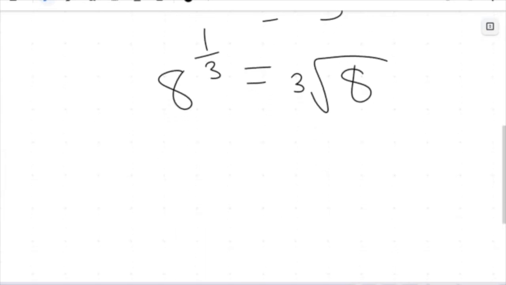So the number that multiplies by itself 3 times in order to give us 8. So something times something times something, that being the same number, that is what we're going to multiply to get 8. So taking a cubed root is the reverse operation to cubing something. And here we know that this is 2, because 2 times 2 times 2 gives me 8.